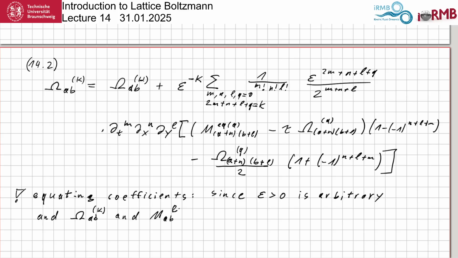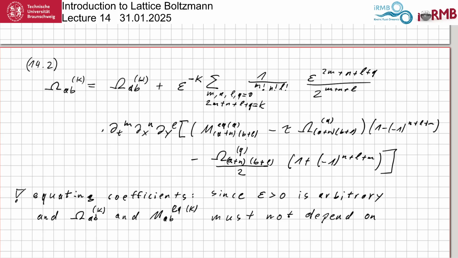MAB equilibrium. So, and the other thing, of course, is that due to this asymptotic expansion that we made, the important thing, and this is a must, and it is a mistake that's often made, these things, so the omega and the m equilibrium of k, do not depend on epsilon.